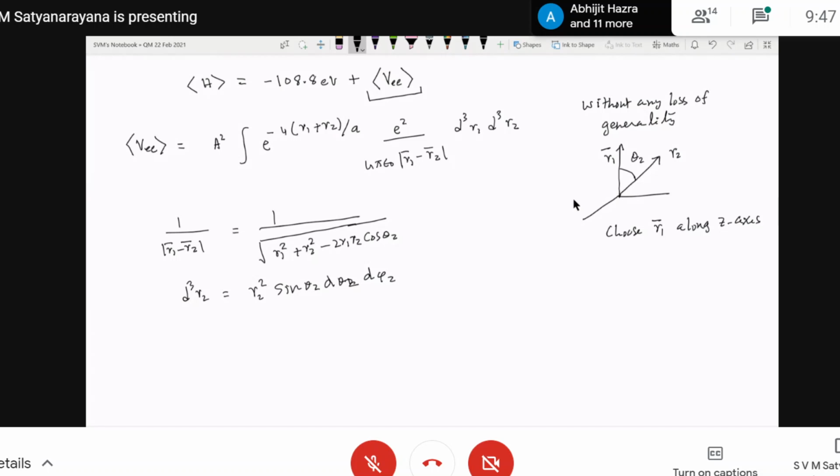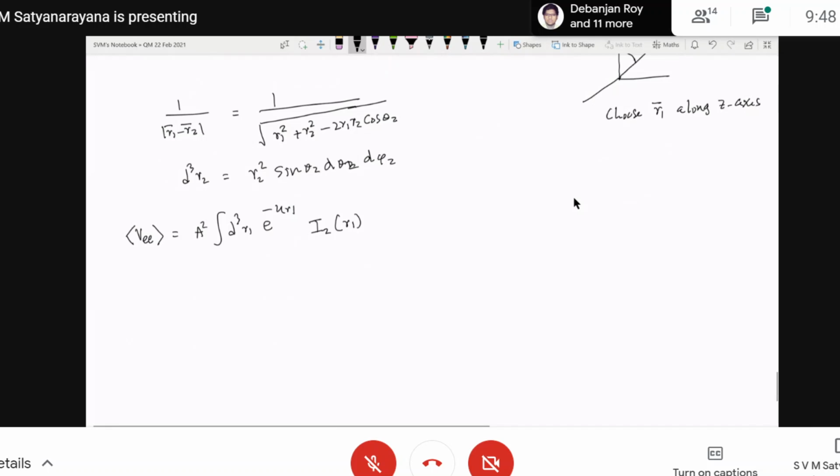First you integrate over d3R2. That means this V_EE expectation value will be A squared integral d3R1 e to the minus 4R1 by a. This part, let us keep it like this, into an integral which will be I2 as a function of R1. Now, what is this I2 of R1?